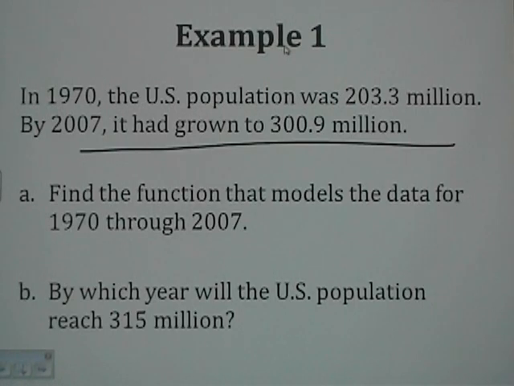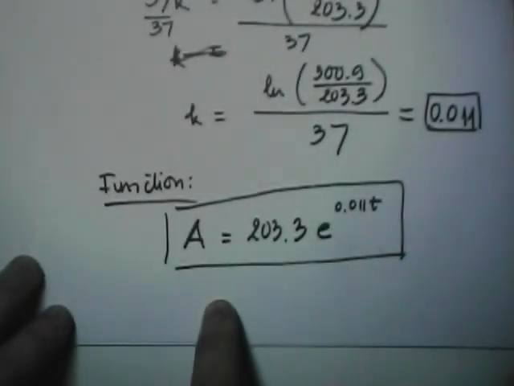So really, all you have to do now is plug that 315 back into the equation. This is our function for part B of the problem. Our function is 203.3 e to the 0.011t.